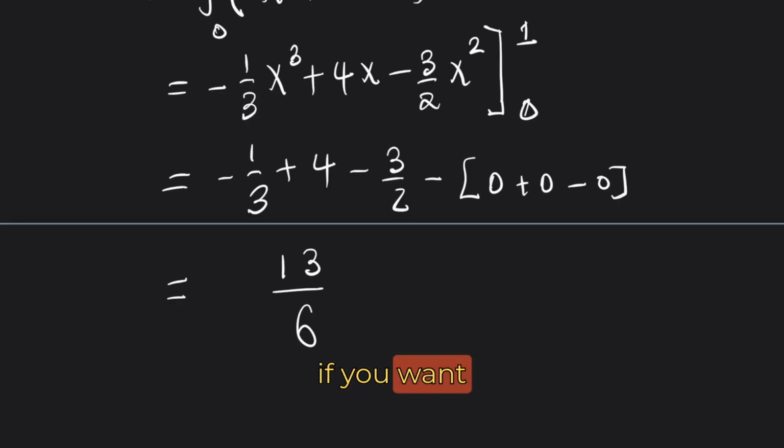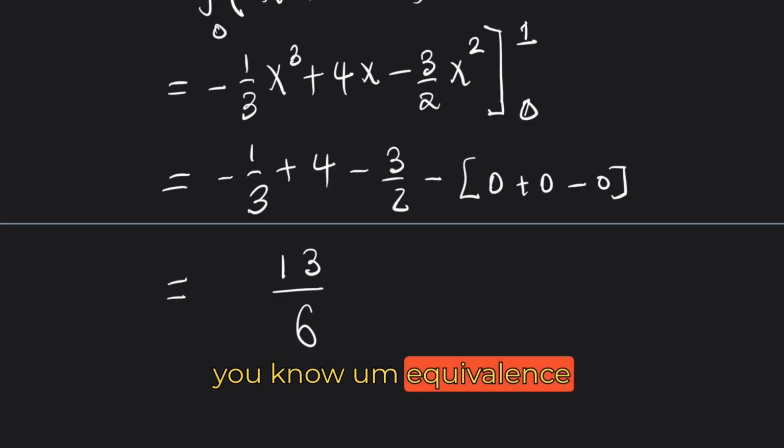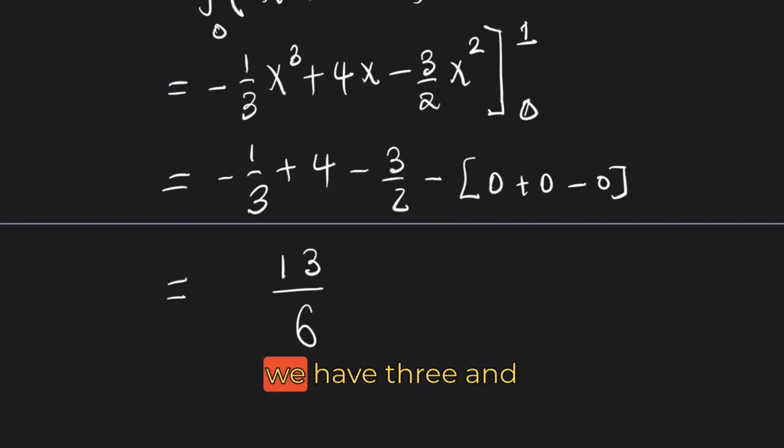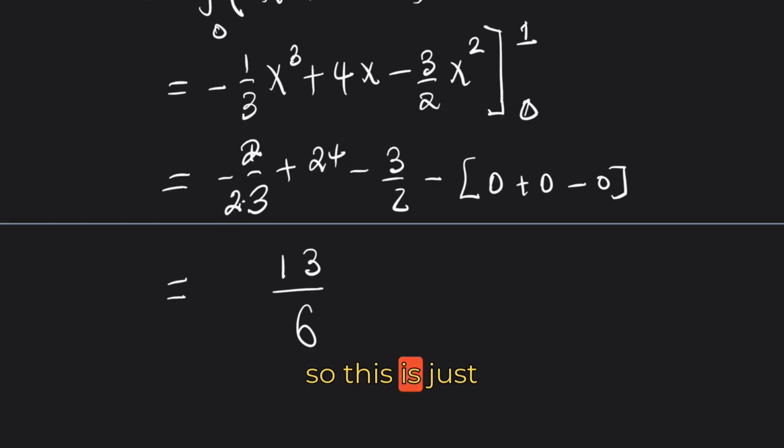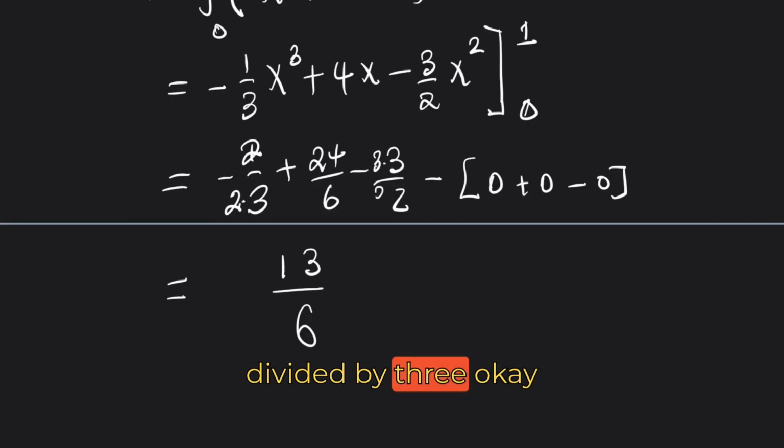If you want, you can make these equivalent fractions with a common denominator of 6: negative 2 plus 24 minus 9, over 6, which should give us 13 over 6.